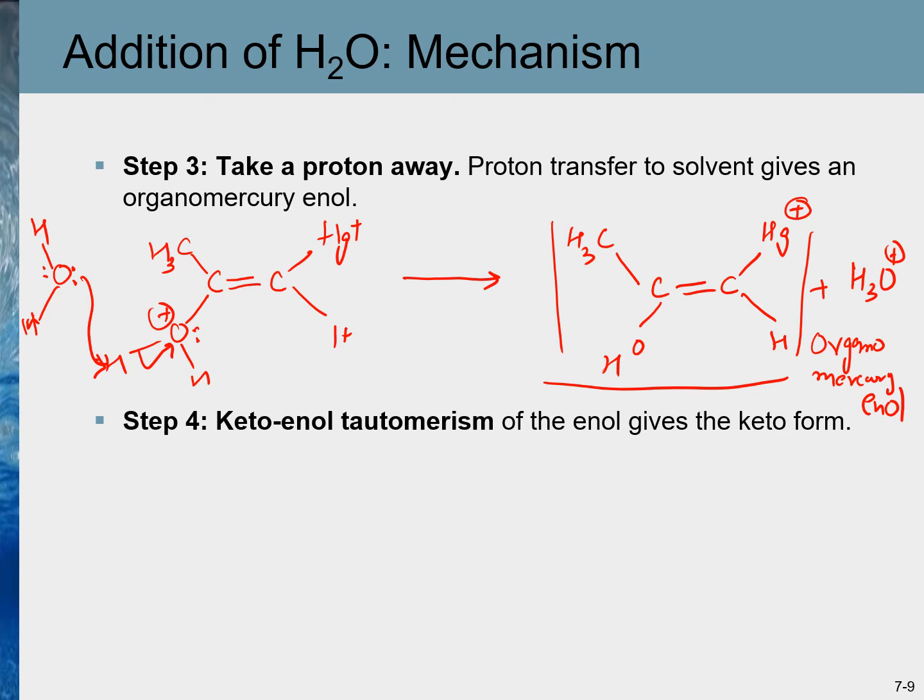In step number 4, the organomercury enol undergoes a rearrangement. This rearrangement is known as keto-enol tautomerism.